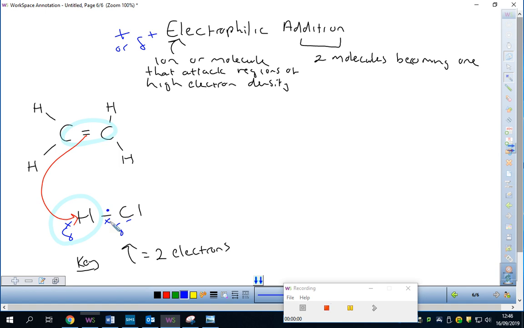It is extra electrons from the double bond. Note our arrow shows two electrons. So this pair of electrons moves onto our chlorine atom, and as a result turns it into a chloride ion, negatively charged with extra electrons.